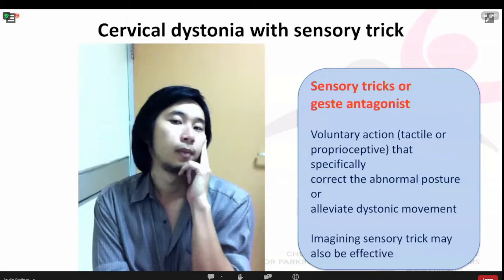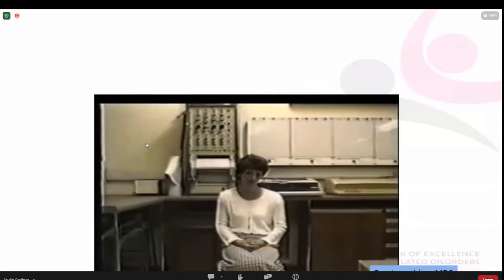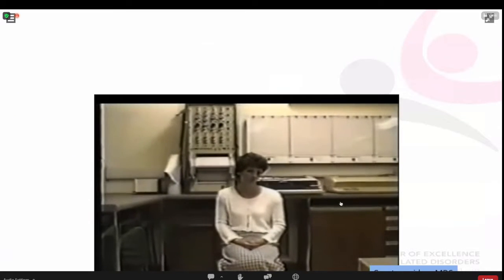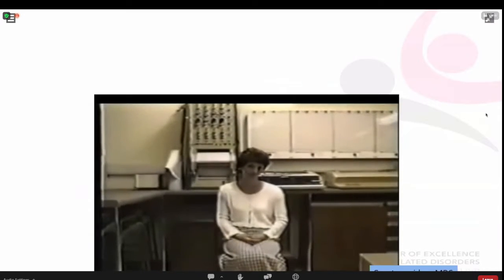Sometimes an imaginary sensory trick can also be effective. And again, this is the dystonic tremor, where the tremor can occur together with the dystonia.